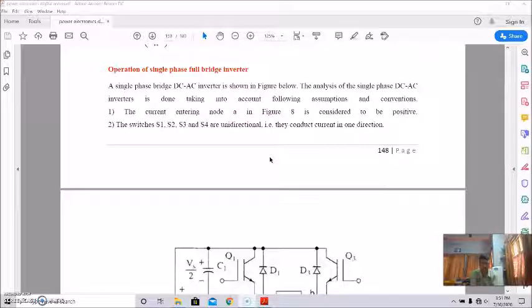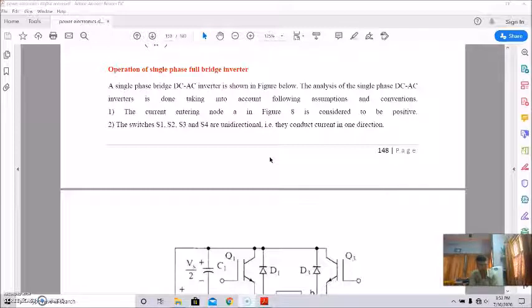This classification was based on different criteria. Particularly, we classified them as per their input source, commutation technique, circuit configurations, and wave-shape of output voltage.